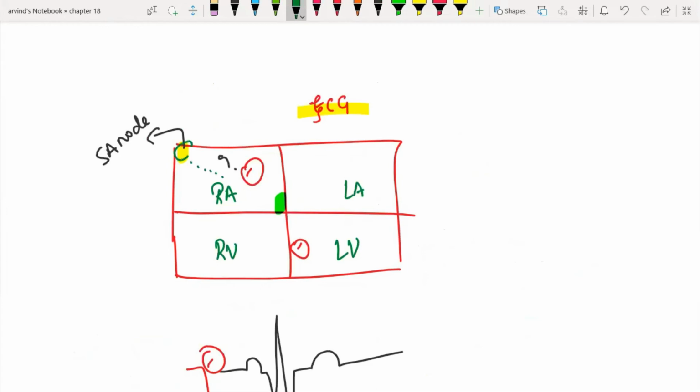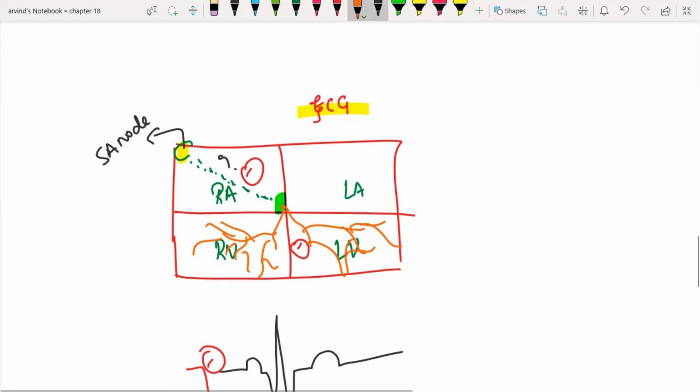It generates the impulse, and it gets to the AV node. This journey of the impulse from the SA node to the AV node is going to cause atrial contraction. Now this impulse from the AV node has to travel through the Purkinje fibers, the bundle branches, everything, and it has to reach your ventricular musculature.